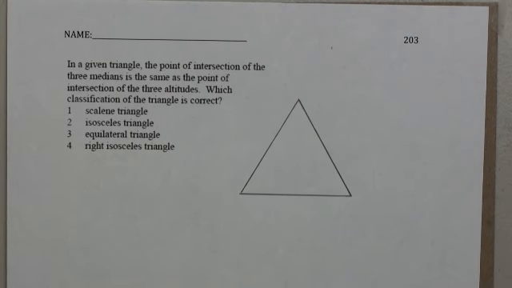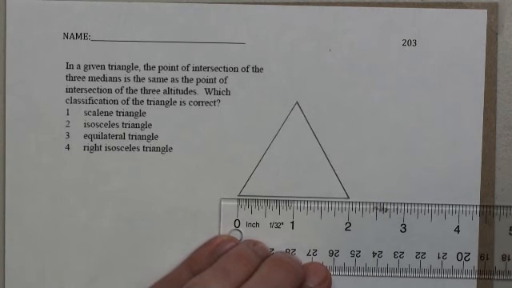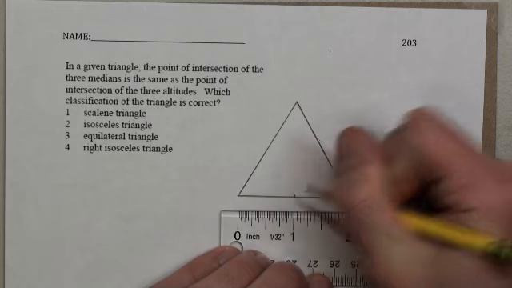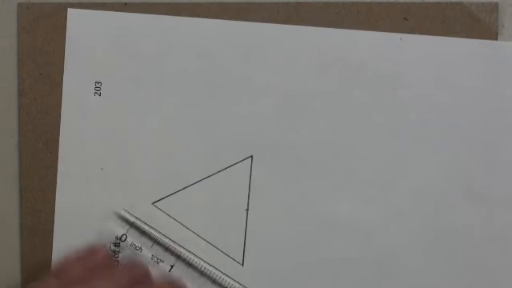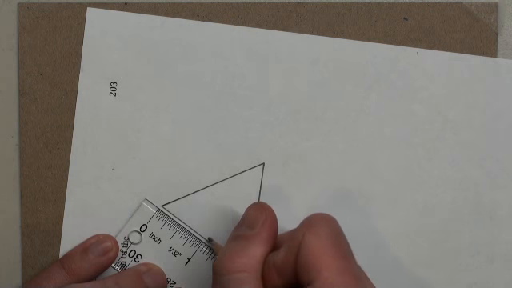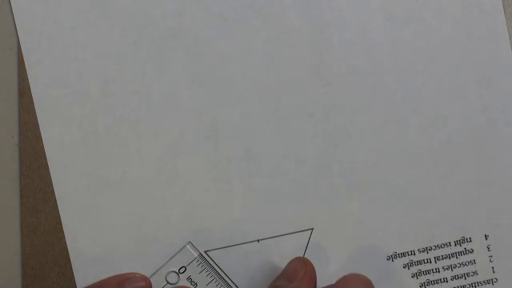Now, the median is going to go from the vertex right to the middle of each side. Yeah, I mean, now that I'm thinking about it, it definitely is going to be the equilateral triangle, but let's just see and make sure. Let's draw the 3 medians first.